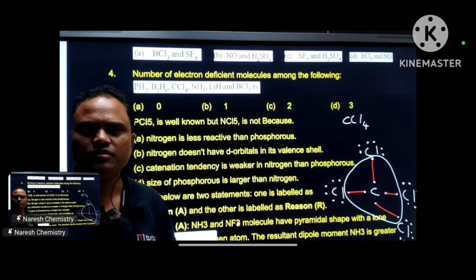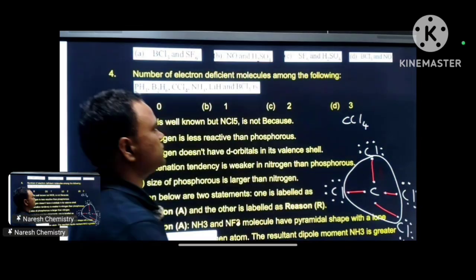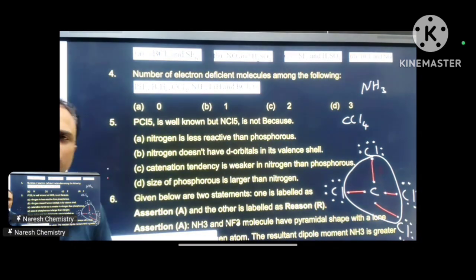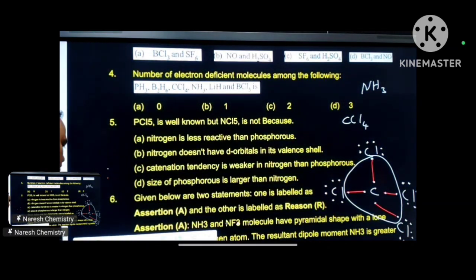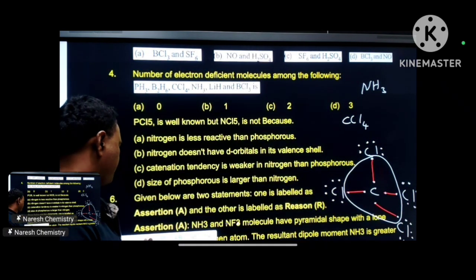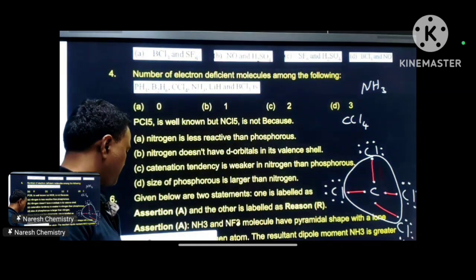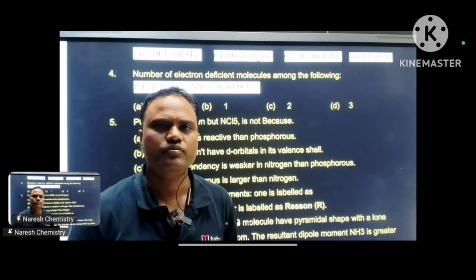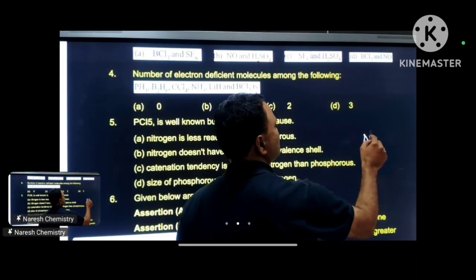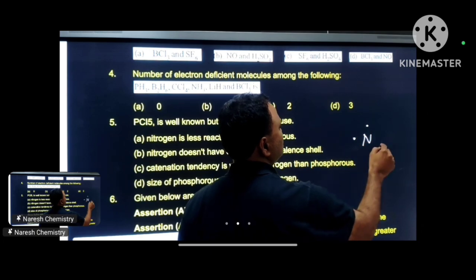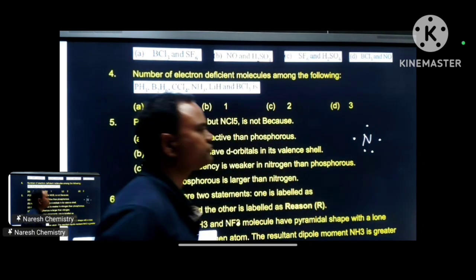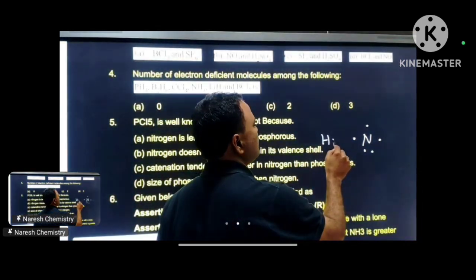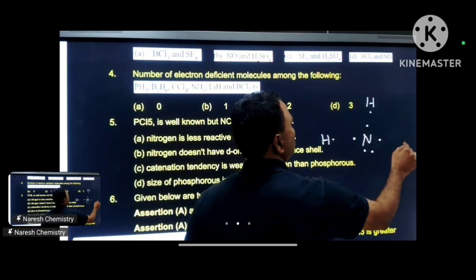Next, NH3. Online students, can you tell me about the nature of NH3? Does it have an octet? How does it have an octet? Nitrogen belongs to which group? Fifth, so 1, 2, 3, 4, 5. Around nitrogen we have 3 hydrogens, each followed by a dot.